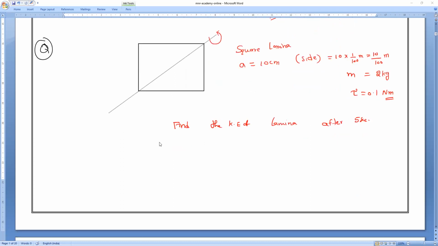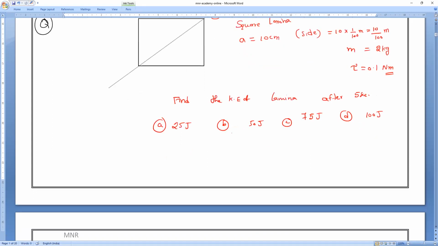So they are asking, find the kinetic energy of the lamina after 5 seconds. Option A is 25 joules, option B 50 joules, option C 25 joules, option D 100 joules. So this is the concept. Mr. Narayan, is solving? So this is about the question.